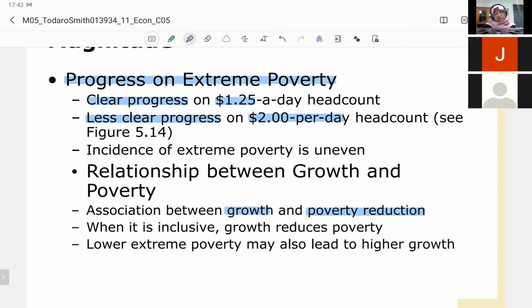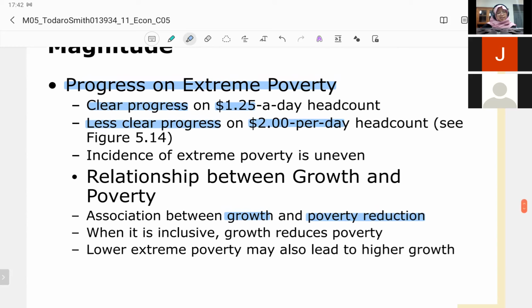So the number of people has been reduced. So we can say that there is some association between growth and poverty reduction. Because when growth is inclusive, then growth can reduce poverty.